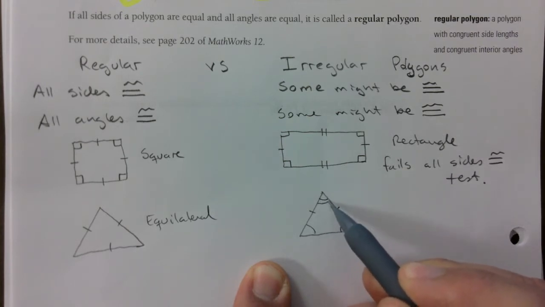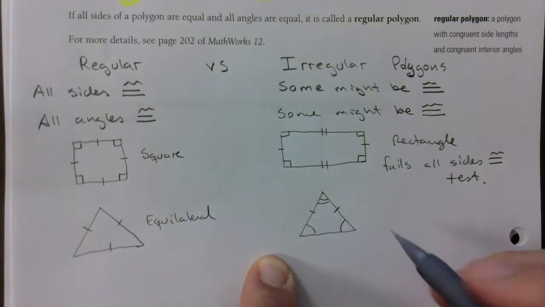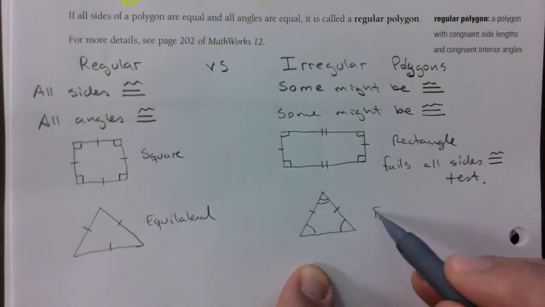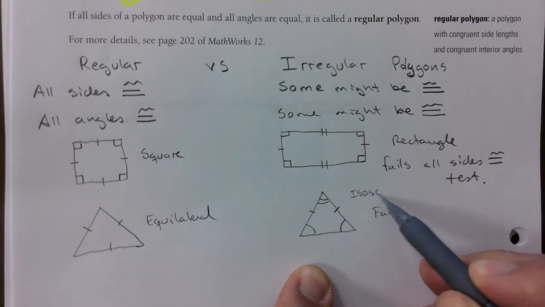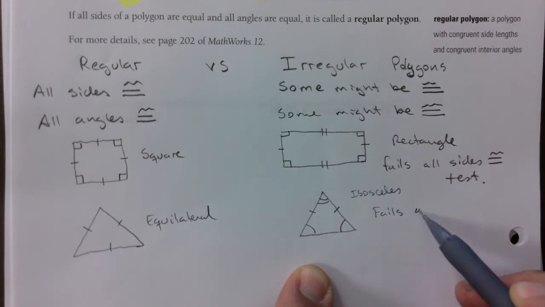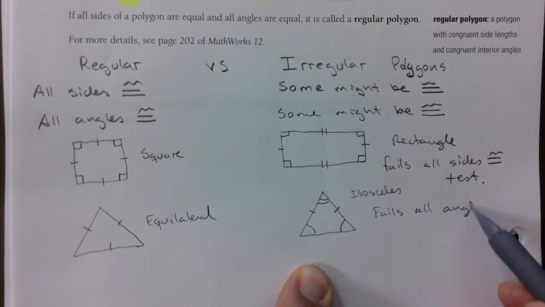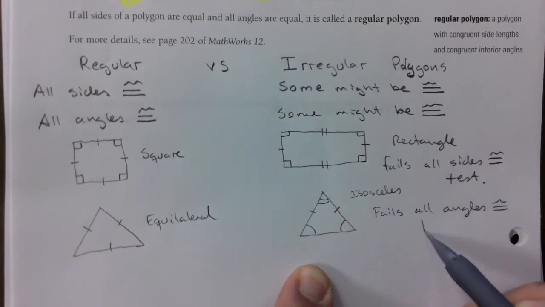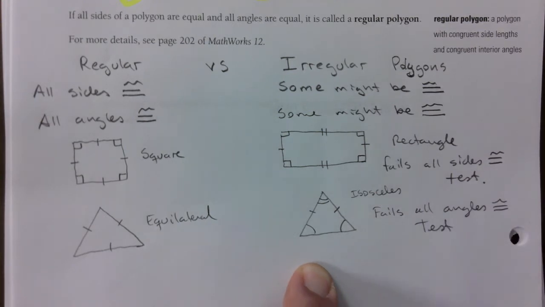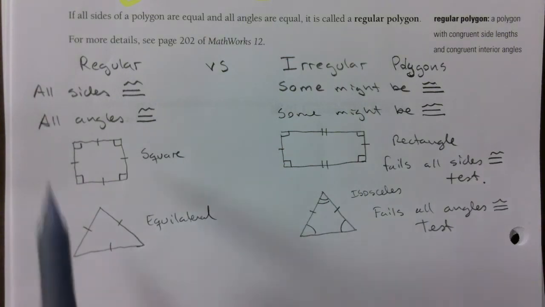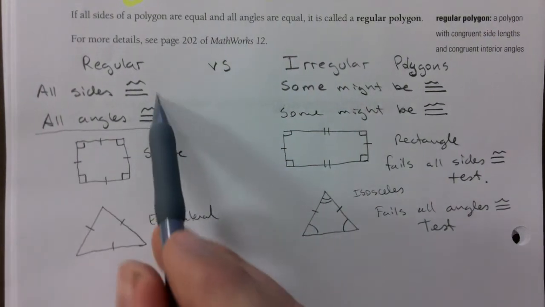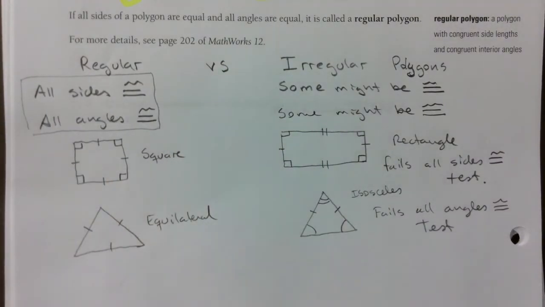This one is different. Okay, fails. So this isosceles obviously fails the all angles congruent test. So they have to meet both of these criteria. Both criteria need to be met for you to be under the regular polygon category.